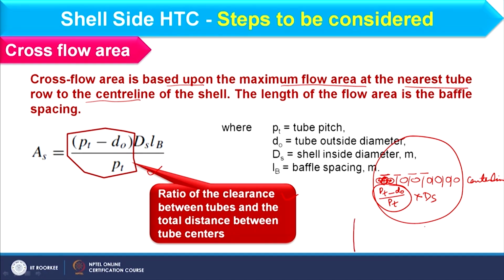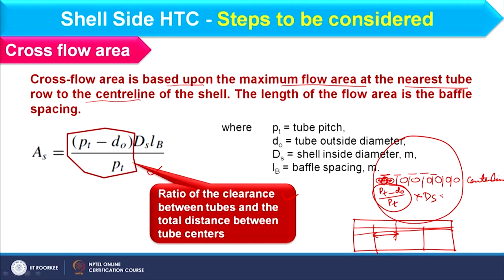When considering the area, I should focus on the side view of this, where I have the tubes and in this way I put the baffle. So, the maximum flow distance is at the central line and the flow area would be between these two baffles, right.